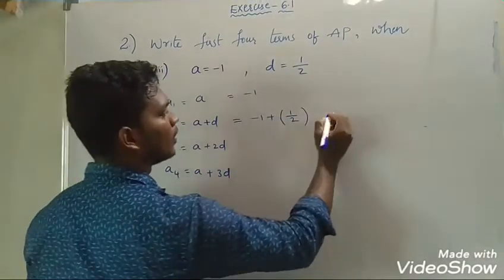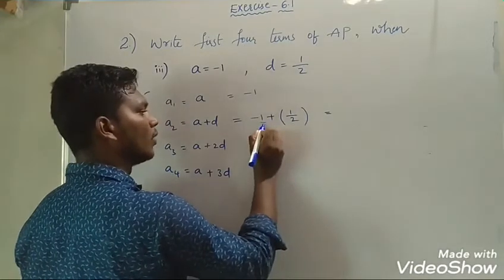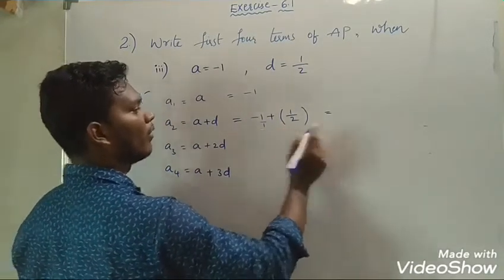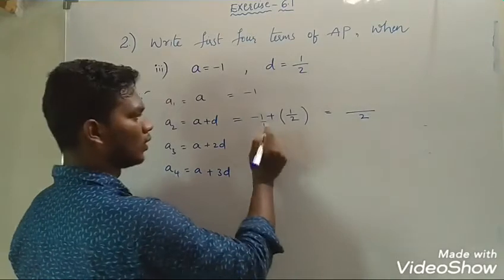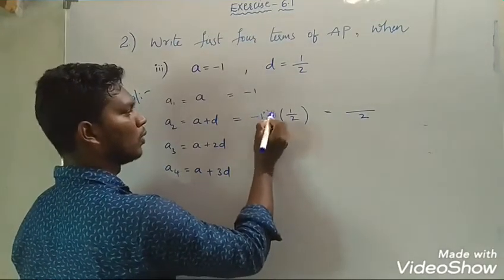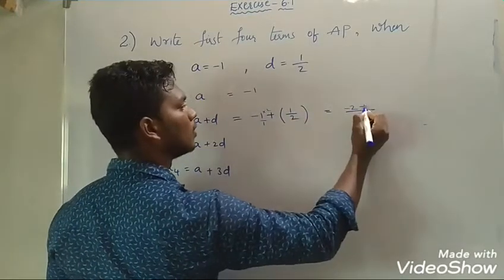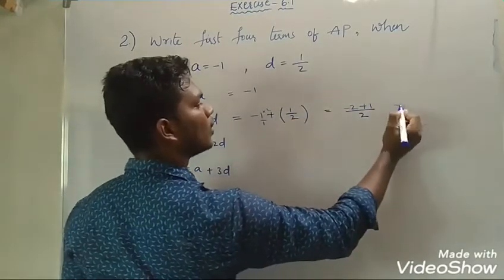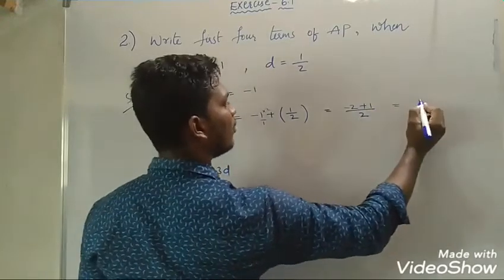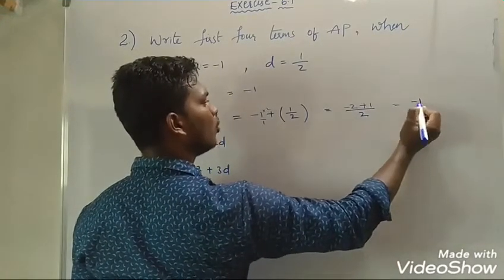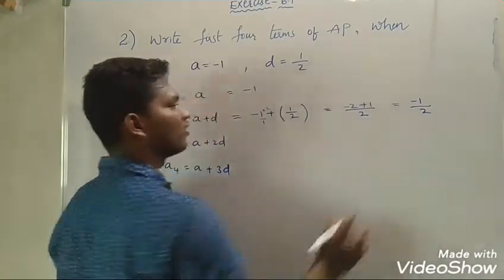So here nothing is there, so the denominator is 1. The LCM of 1 comma 2 is 2. In one table we have 2, so minus 1 into 2 will be minus 2. Plus we have 1 here. So 2 minus 1 will be 1. The bigger number is 2, before 2 we have minus. So the answer is minus 1 by 2.